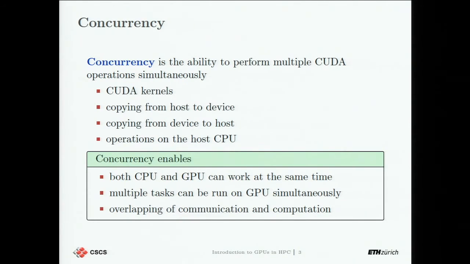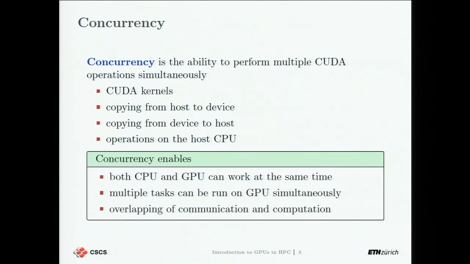So you might want to be running some kernels on the GPU at the same time as you're copying data to the GPU in preparation for the next bit of work, whilst the host code might be looking after some MPI communication for you. If we want to utilize all of the resources available, both the GPU and the CPU, and the network, we would like to be able to start overlapping different tasks and scheduling them.